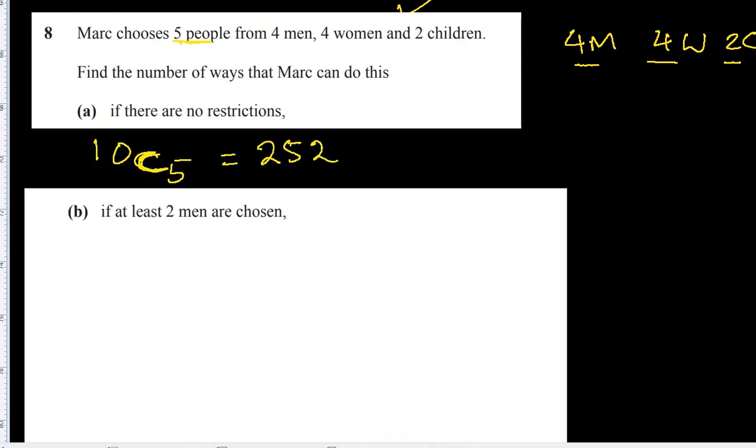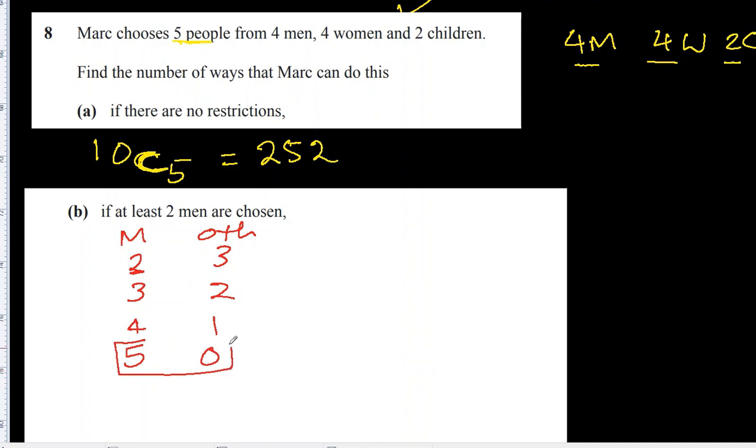If at least 2 men are chosen, so let's see, 2 men and others, because others will be women and children, right? So 2 men, 3 men, 4 men, and 5 men. These are the possibilities, right? So others will be, if there are 2 men, there will be 3 others. 3 men, 2 others, 4, 1 and 5, 0.